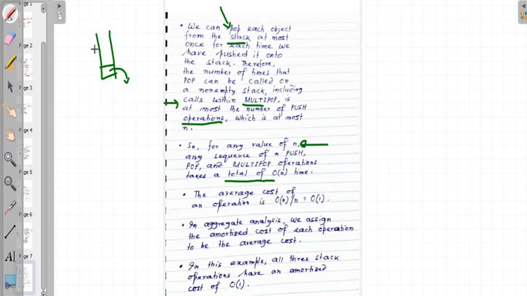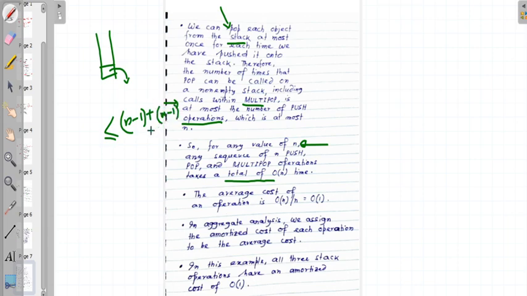What we can say is that we have n minus 1 push operations, as in the previous example, and then in one go we pop n minus 1 elements. So how many such operations do we have at most? That will be less than or equal to n minus 1 plus the multi-pop operation n minus 1.